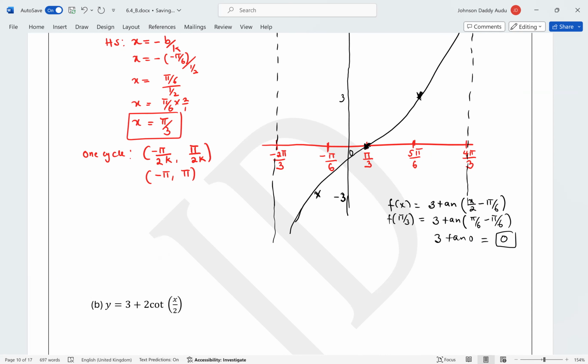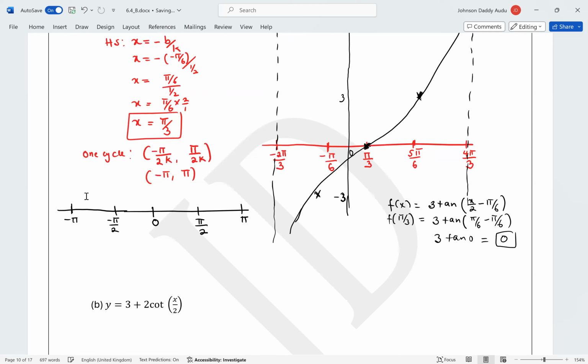So let me just repeat what I did here. Just write it as a note, it's important. We're supposed to start from minus pi to pi, and this becomes 0. This is minus pi over 2, and this is pi over 2, right?